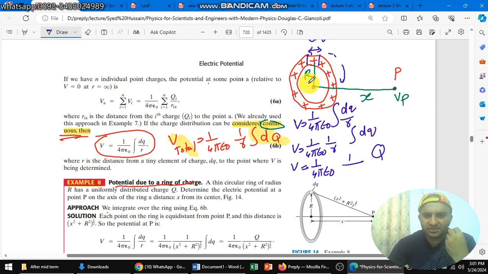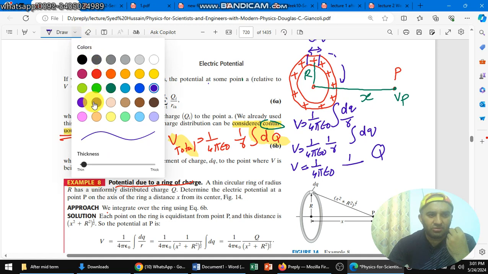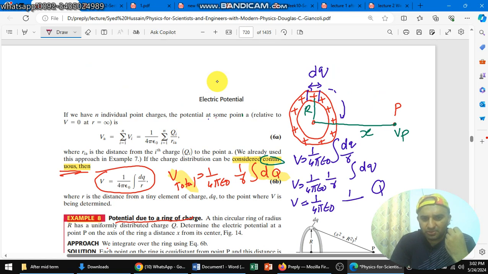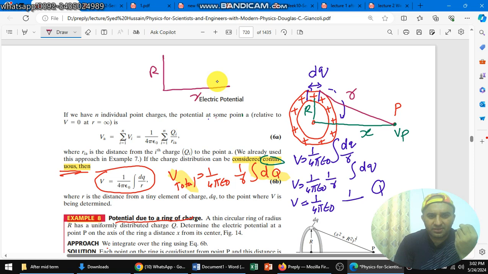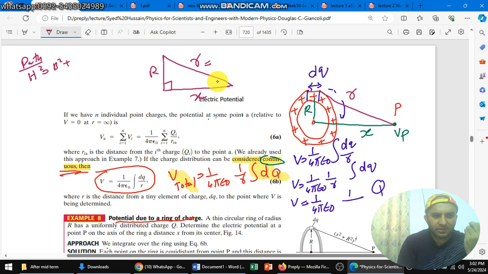So r is the distance from the small element of charge dq to the point P. If we use the right angle triangle, this is small r, this is x, and this is capital R. Here we use the Pythagoras theorem, which says that hypotenuse square is equal to base square plus perpendicular square.